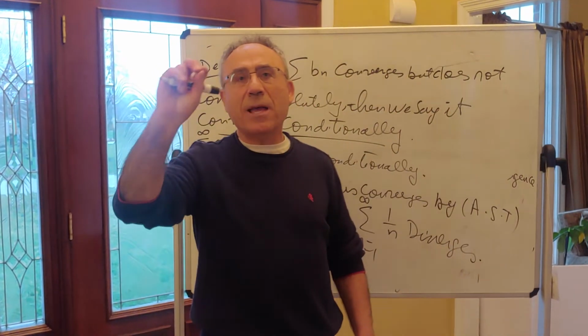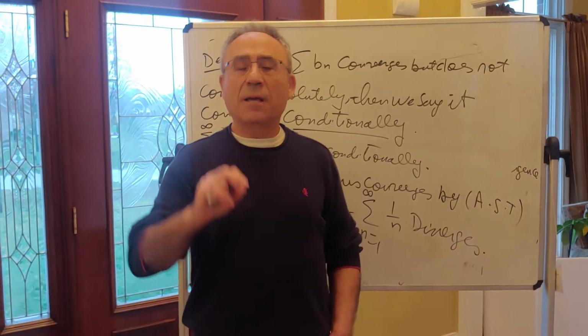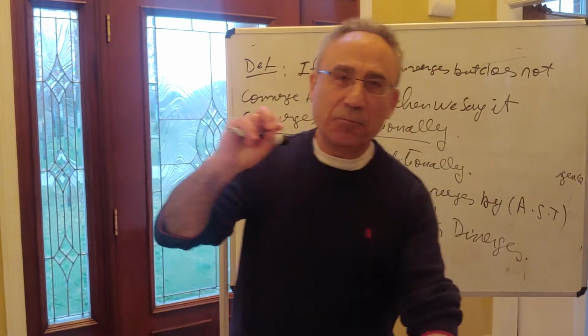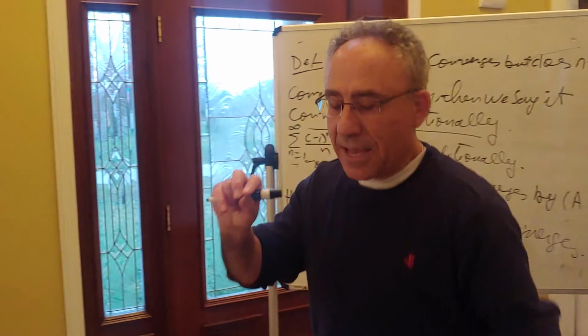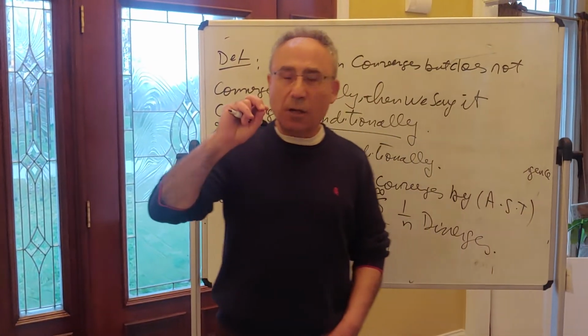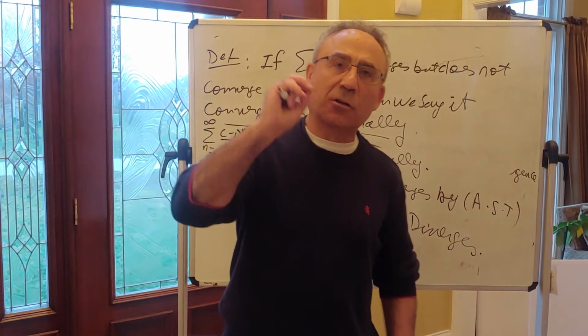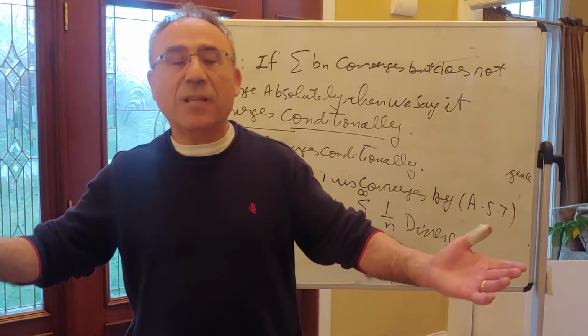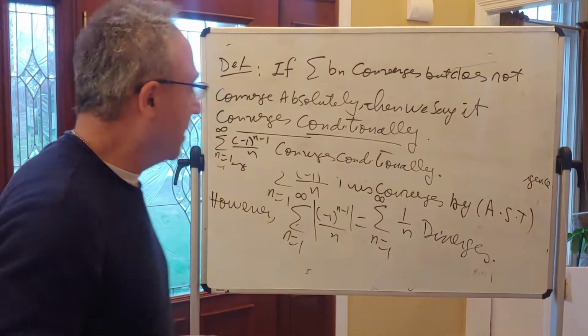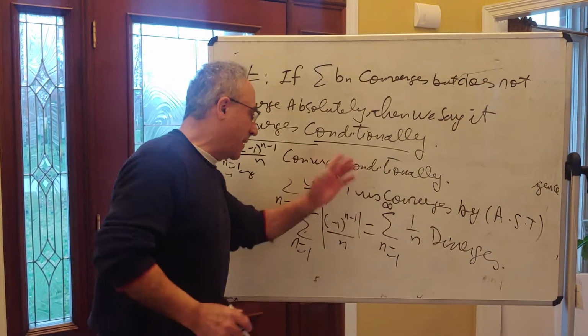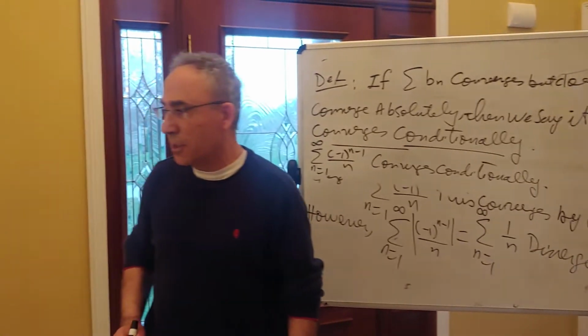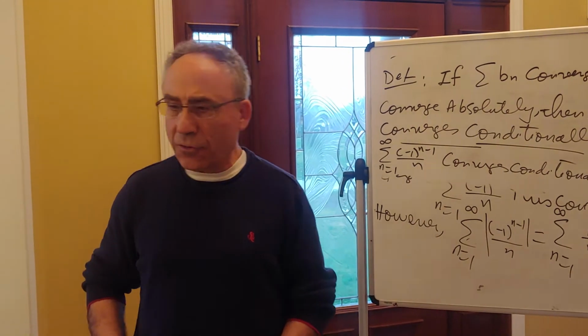Convergence does not imply absolute convergence. And if the series does converge but not absolutely, then we say the series converges conditionally. Basically, this is it. That's the whole lesson. And we can come up with a lot of examples and so forth.